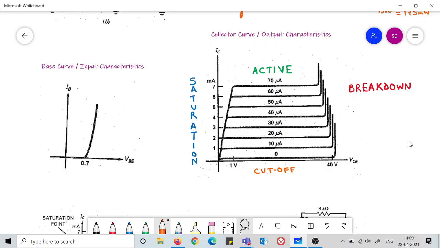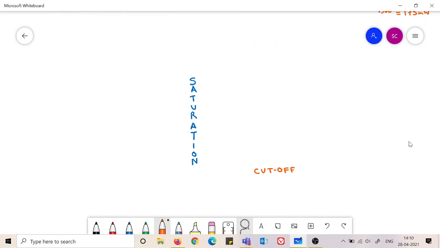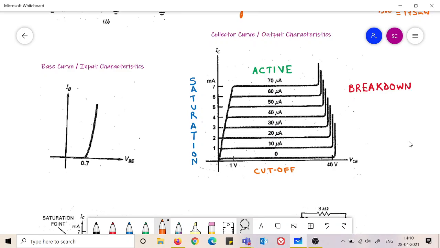How do we increase VCE? We can change VCC, the bias voltage across the collector, and that will change VCE. So VCE is changing, and we see that IC is also increasing a bit.